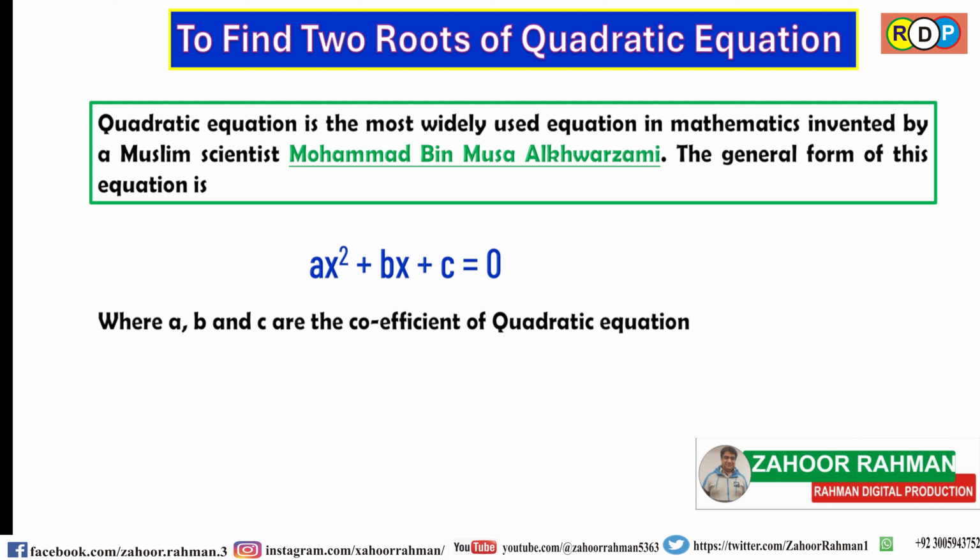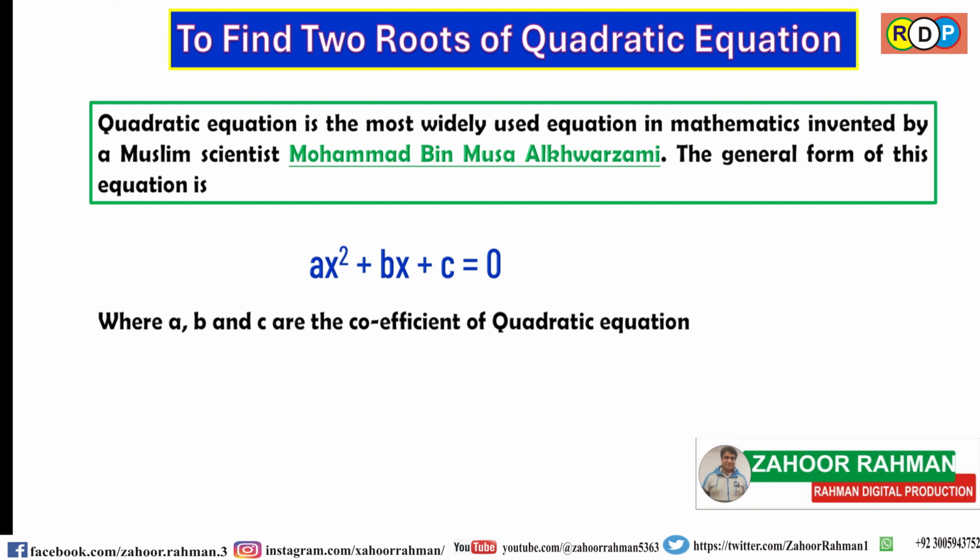The quadratic formula, which we will discuss in a moment, is used for the solution of this quadratic equation, along with many other types of solution, just like simultaneous equations and so many others. If you want to learn in greater detail, I have a course of mathematics for O level.